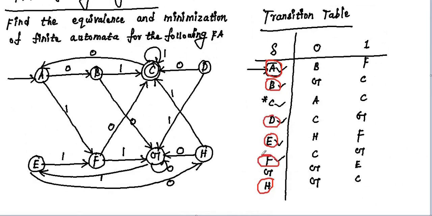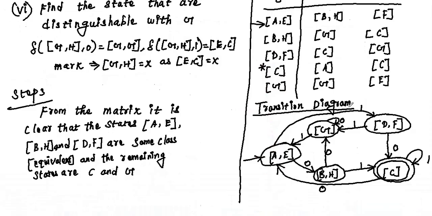These are the equivalent classes because we put the tick mark in the matrix table, and the remaining states are C, G. Here I am writing remaining states are CG.